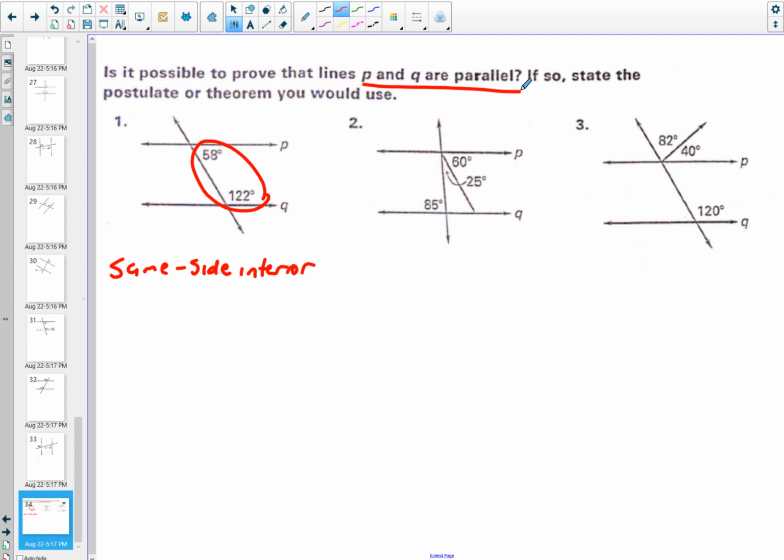The fact that they're on the same side of a transversal and inside of P and Q makes them same side interior, but that doesn't mean anything unless those two add up to 180. So what is 122 plus 58? That is 180, yeah. So in this case, it would be yes. You would have enough because those are supplementary.